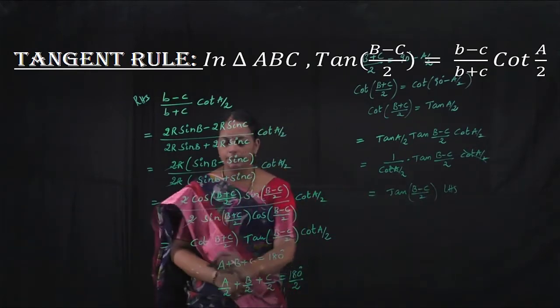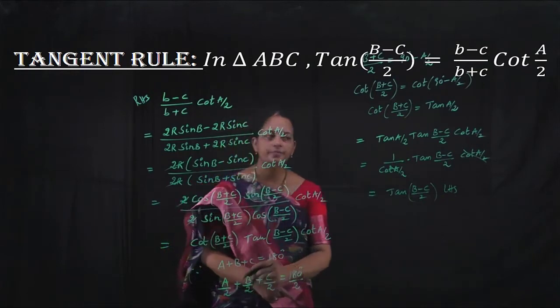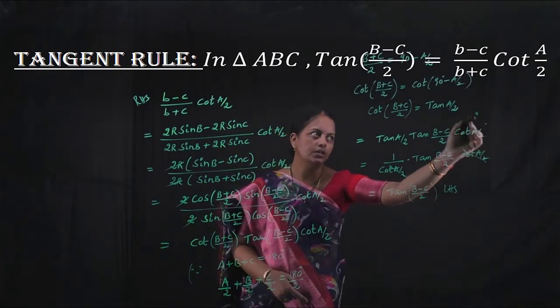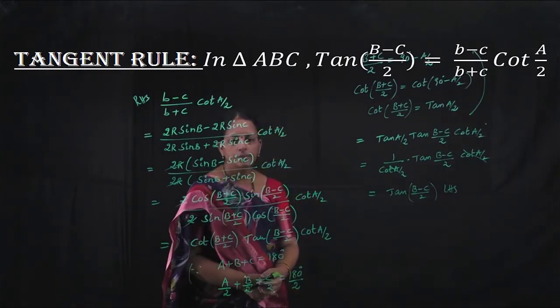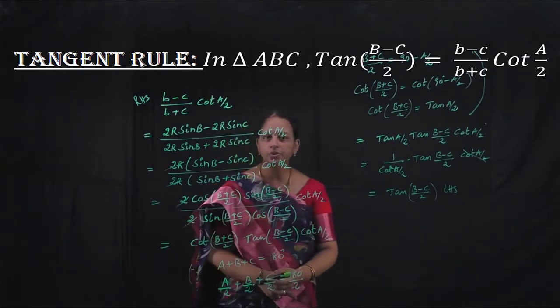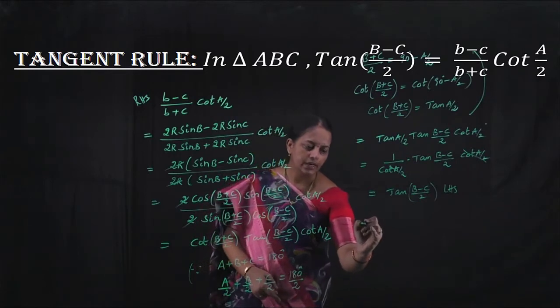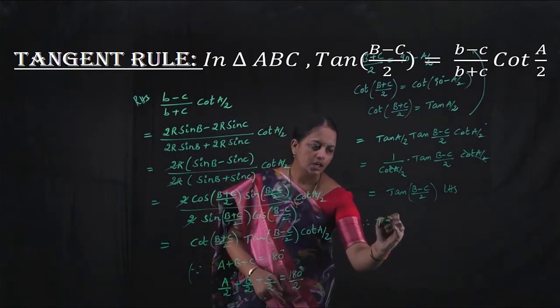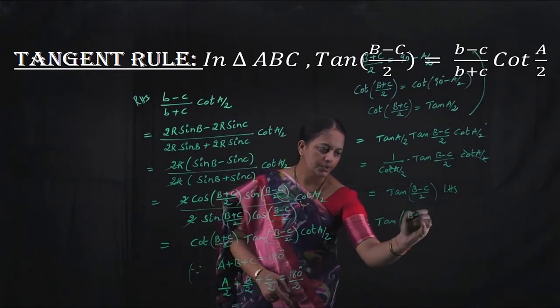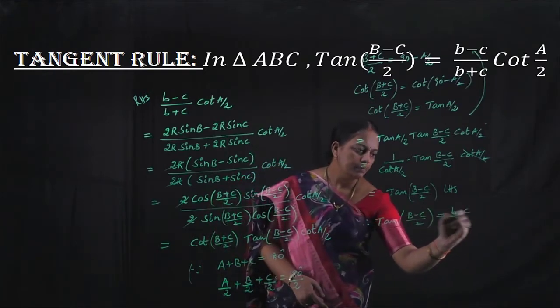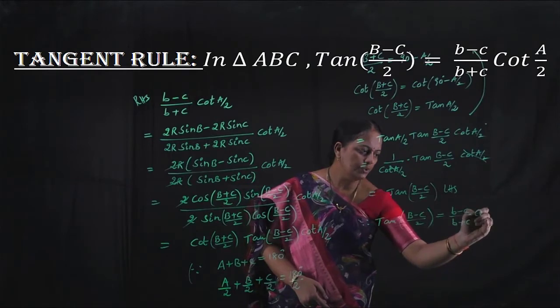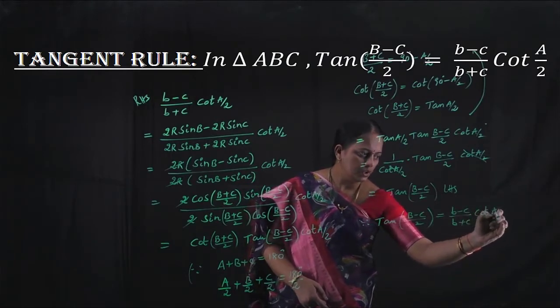In triangle ABC, tan of (B−C)/2 is equal to (b−c)/(b+c) into cot A/2. Okay.